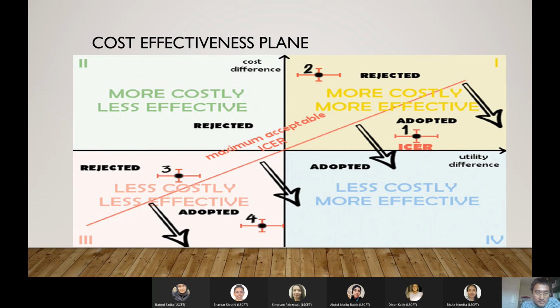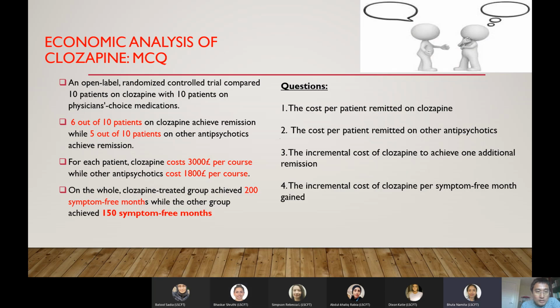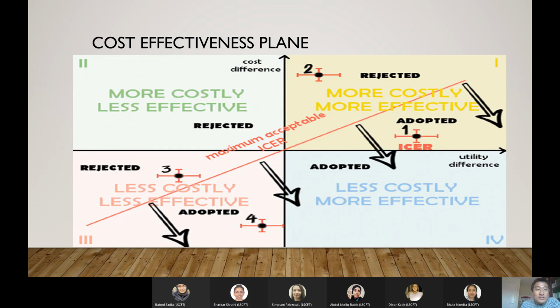This plane they will not ask. But if they ask you about this one, this is the cost effectiveness plane. If they put this one and ask which one of these is used in economic analysis, the answer is cost effectiveness plane.